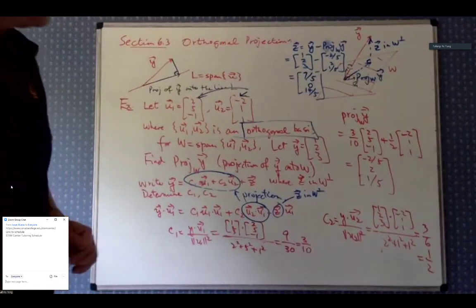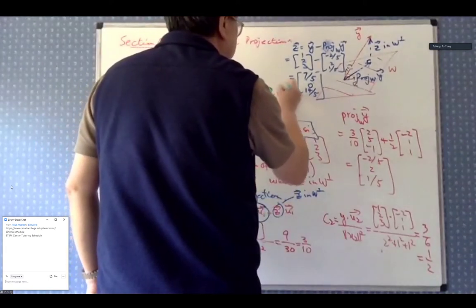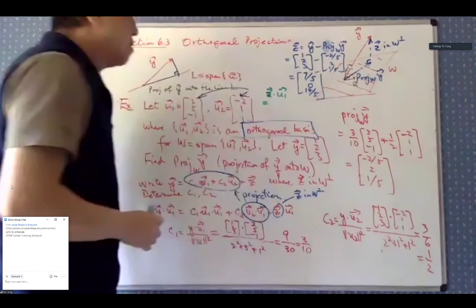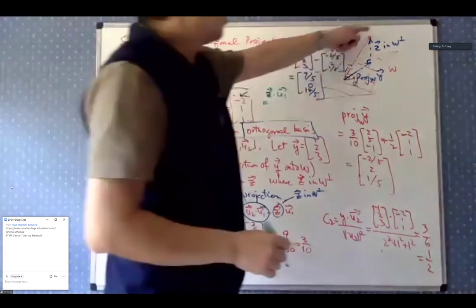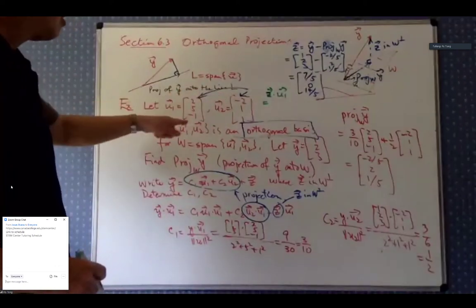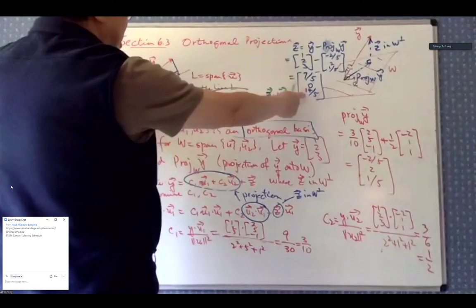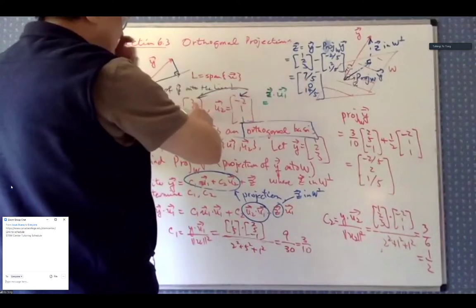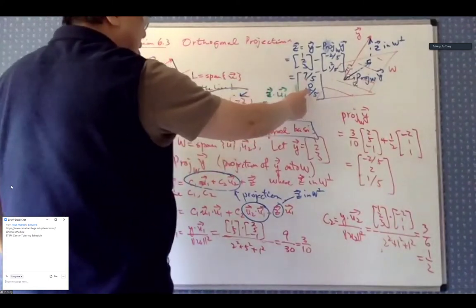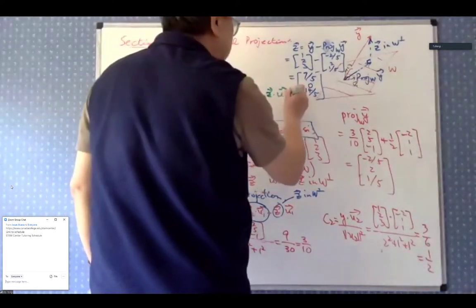If you want to check, you can check that z dot u1 should be equal to 0, because z is perpendicular to u1 and also u2. Can you check mentally? These two dot each other, 7 and 2 get 14. Is it okay?